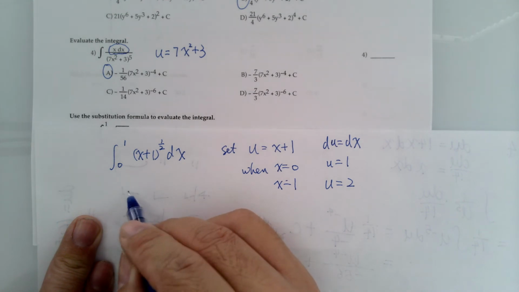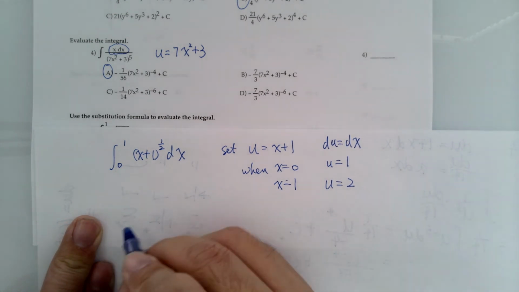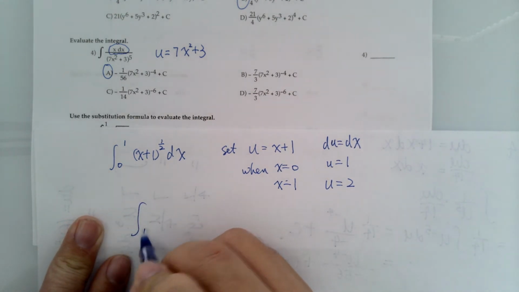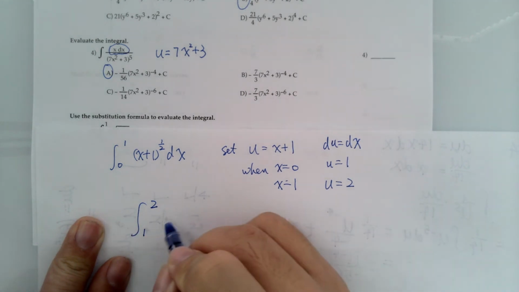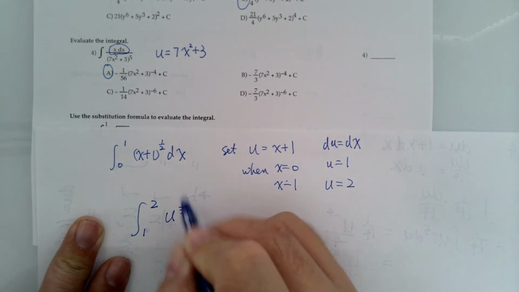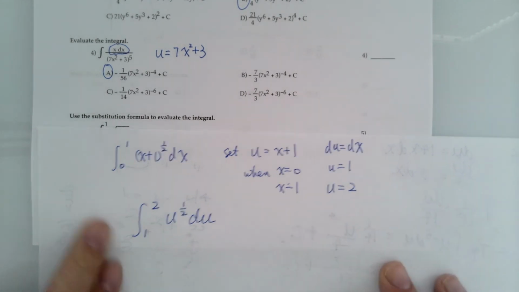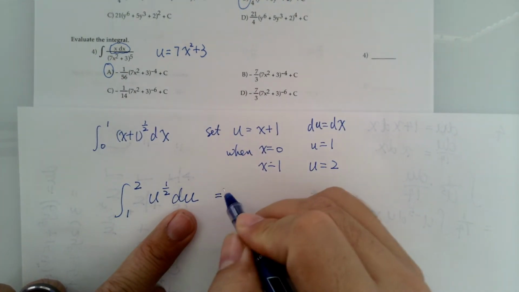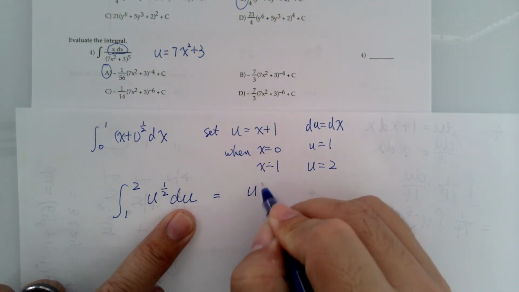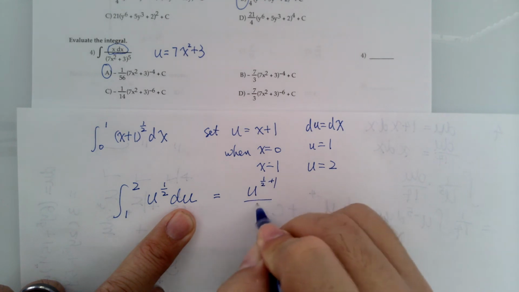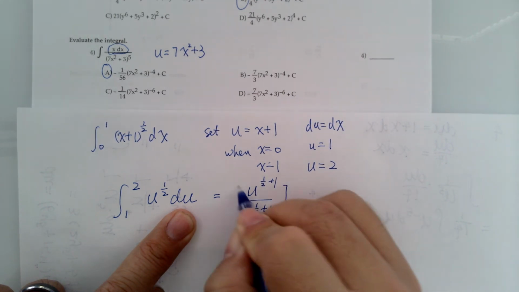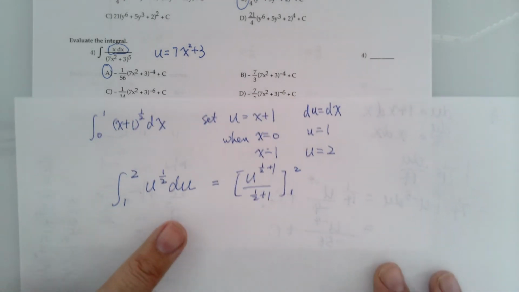So after that, we can do our substitution. This is a definite integral, so after you substitute in terms of u, the integral is going to be from 1 to 2 of u to the power half du, right? And then this is going to be u to the power half plus 1 over half plus 1, evaluated from 1 to 2.